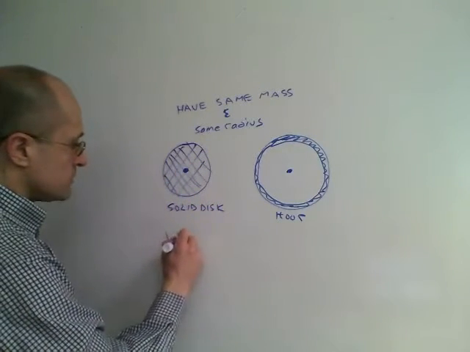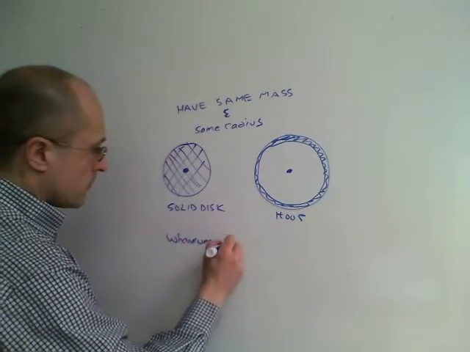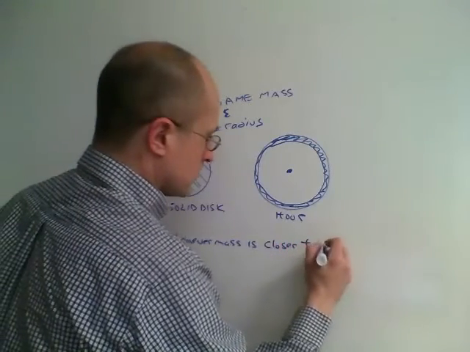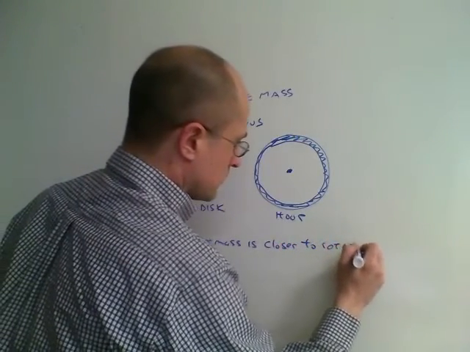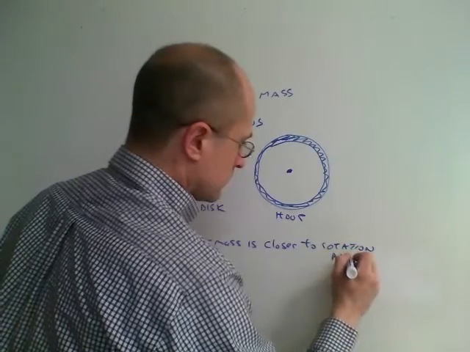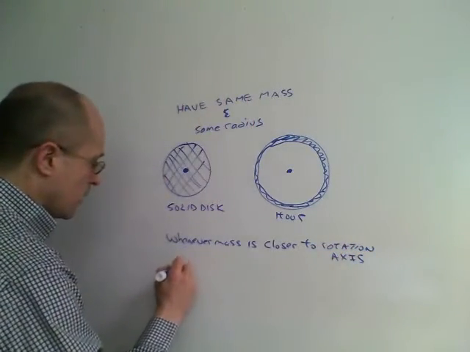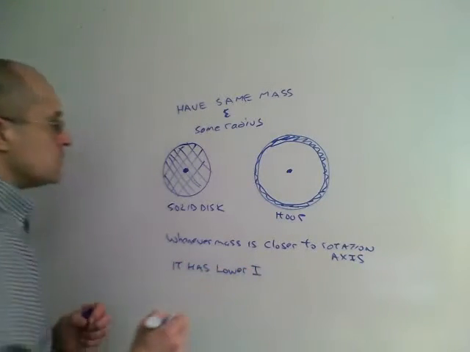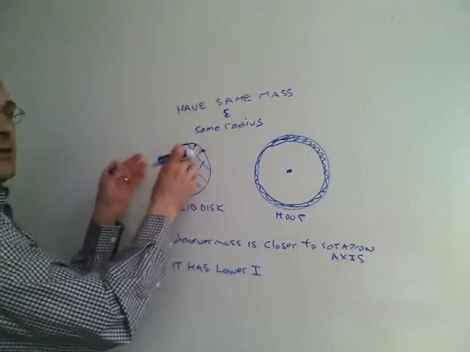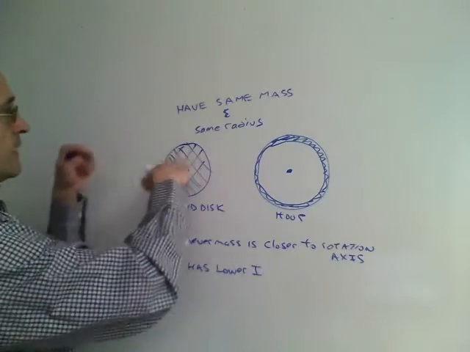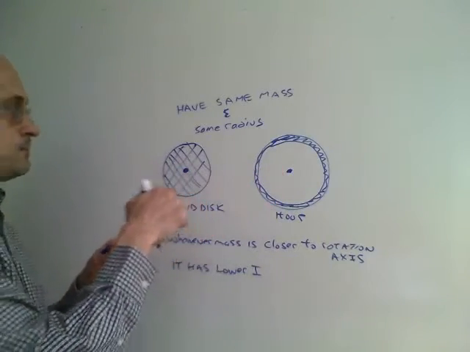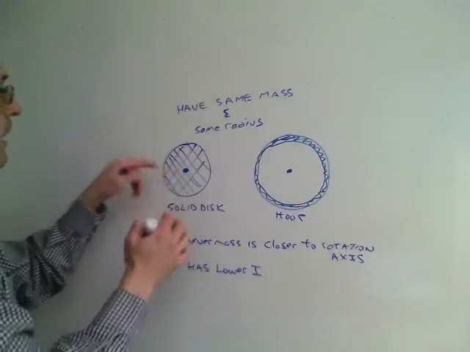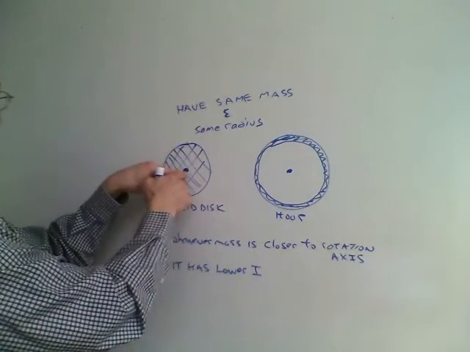If objects have the same mass and same radius, whenever the mass is closer to the center, closer to the rotation axis, it has a lower I. So the disk, if we're rotating it around that central point, has a lower I because more of its mass is closer to the center.